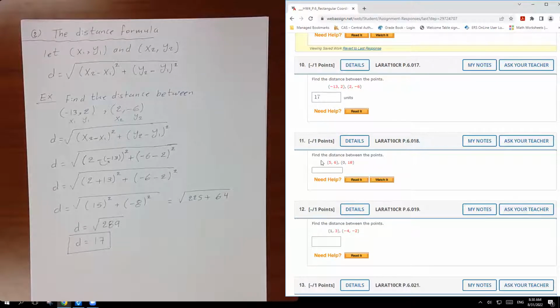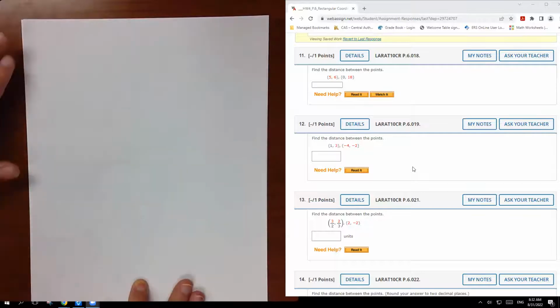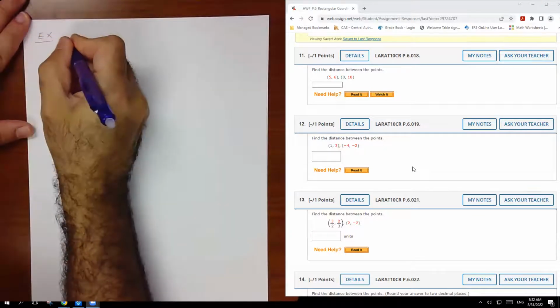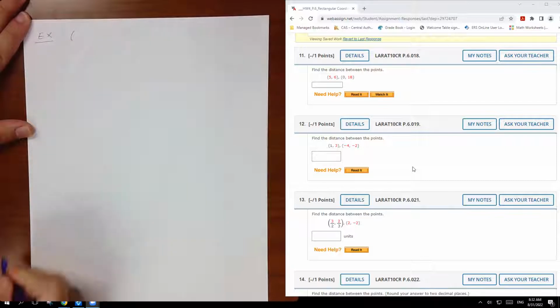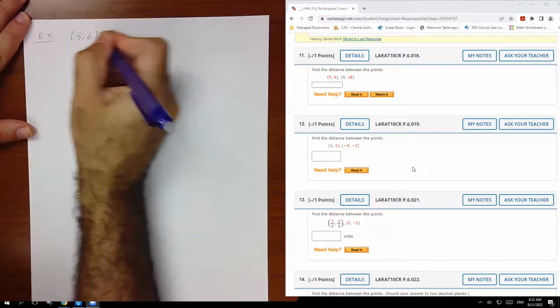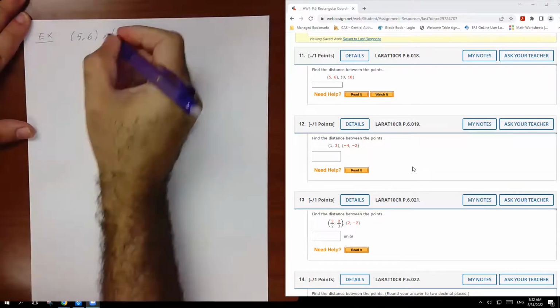We're going to do exactly the same thing with the next one. Find the distance between these 2 points. The first point is 5, 6. The second point is 0, 18.